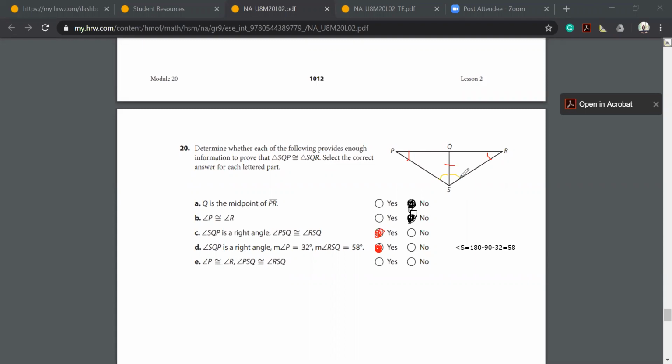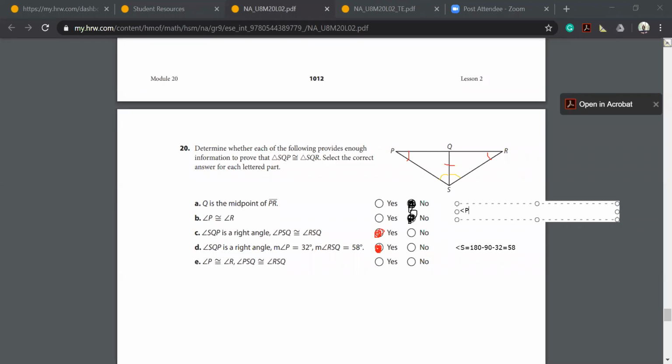Now, let's think about angles. In any triangle, the three angles should add to what? Should add to 180. So angle P plus angle Q plus angle S should be 180. Angle R plus angle S plus angle Q should be 180.